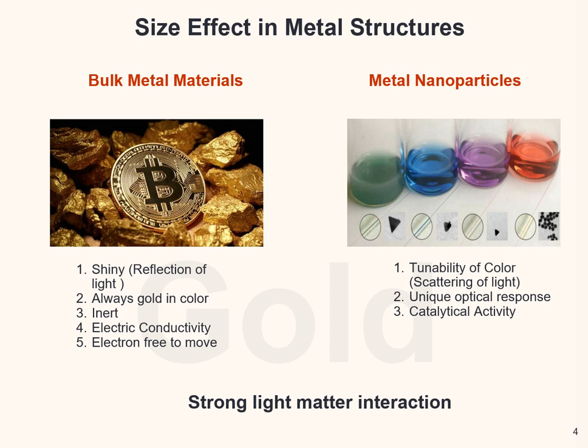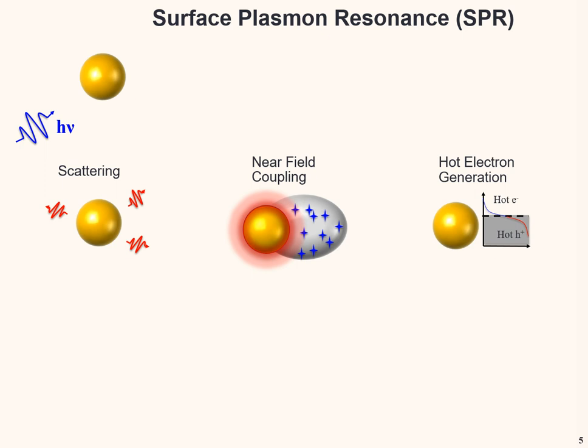All this tunability of colors or optical responses is because of strong light-matter interactions between metal and light, or photons. These light-matter interactions give us a very unique phenomenon called surface plasmon resonance. It is very easy to understand: in a nanostructure, electrons are free to move inside the particle.